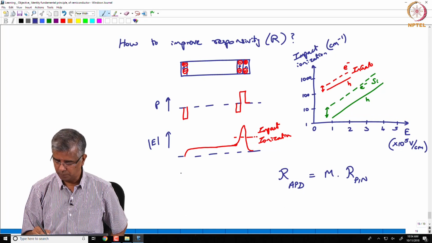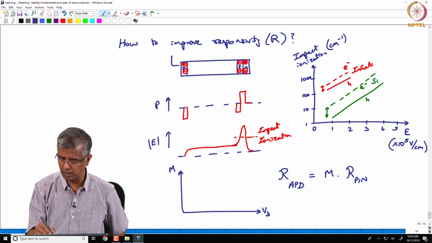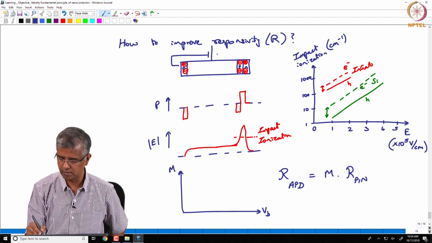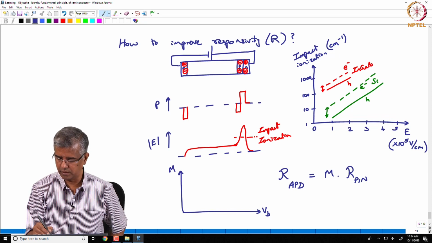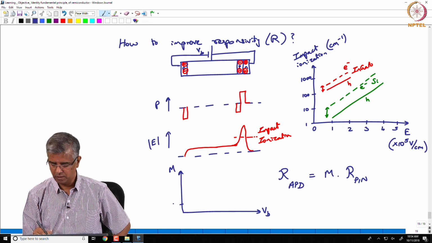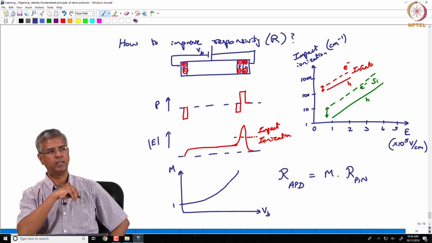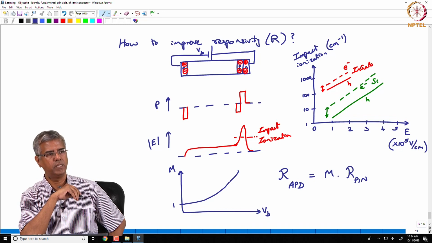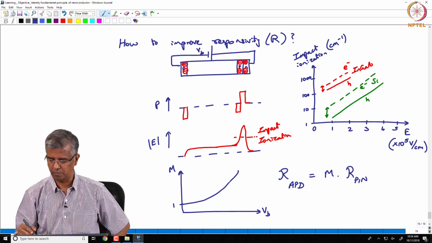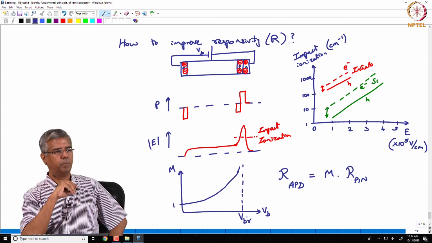And if you plot m as a function of that external bias, now you still are giving an external bias like this, Vb. If you plot m as a function of Vb, m equals 1 over here, and it increases exponentially as you go to higher Vb, and it will be limited by your breakdown voltage.